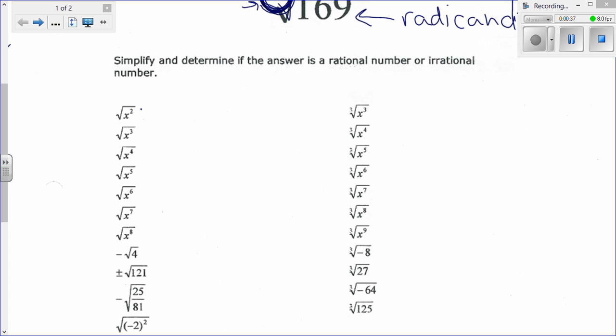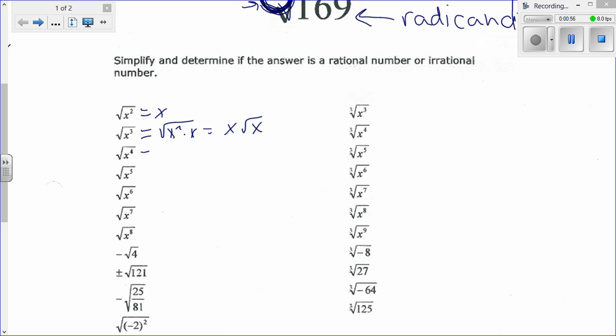The square root of x squared, you know, is x. The square root of x cubed is like saying the square root of x squared times x, and that's equal to x radical x.